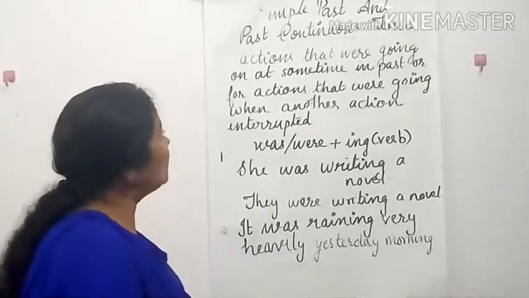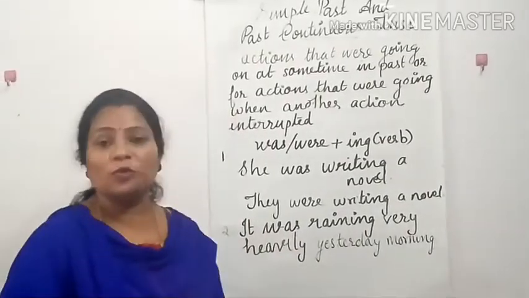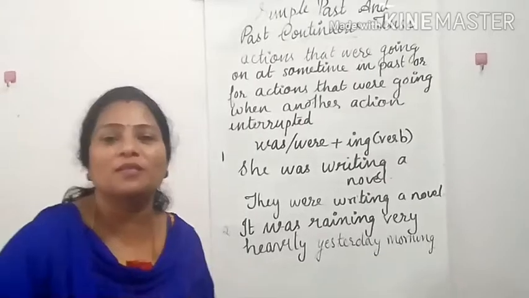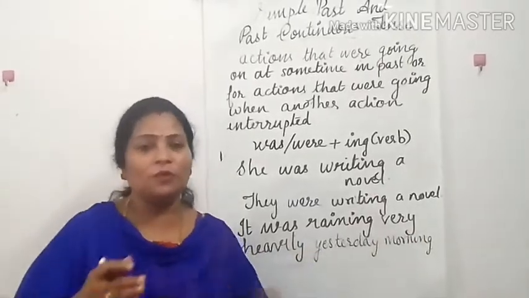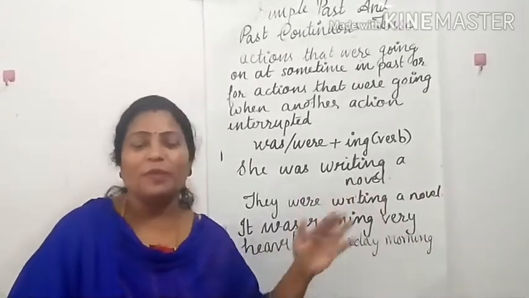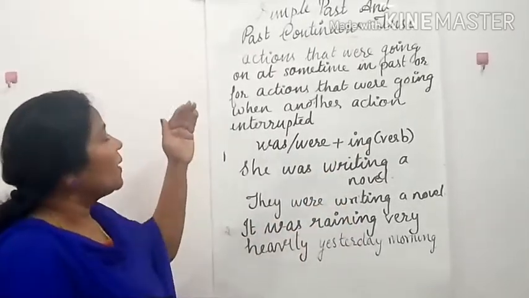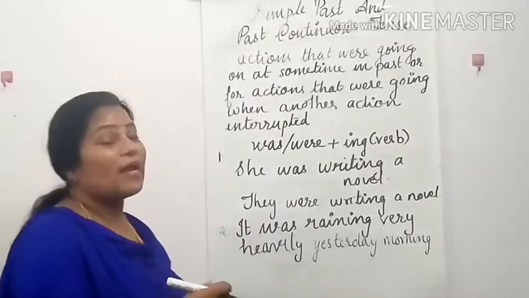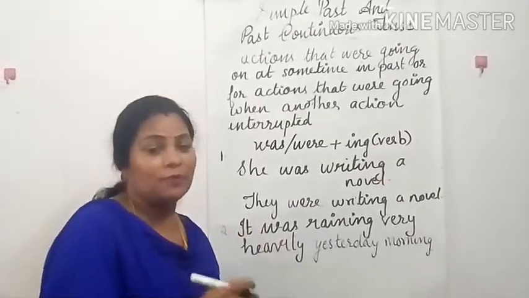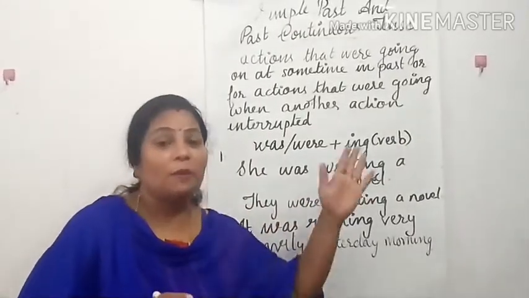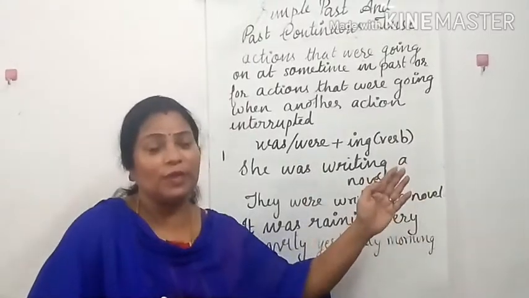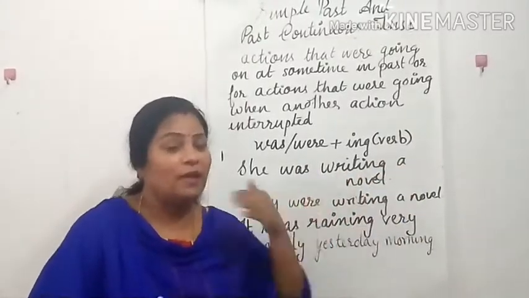Next we are going to talk about past continuous tense. Now what do you mean by past continuous tense? Continuous means it's going on, right? Something that is going on in the past. So, actions that were going on at some time in the past. Okay, it is not completed, it is continuing.